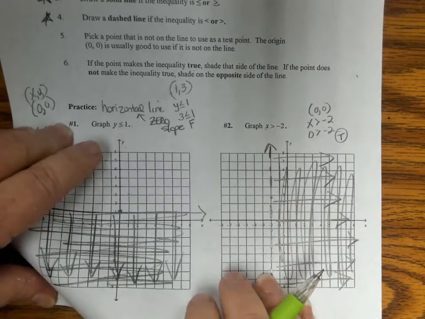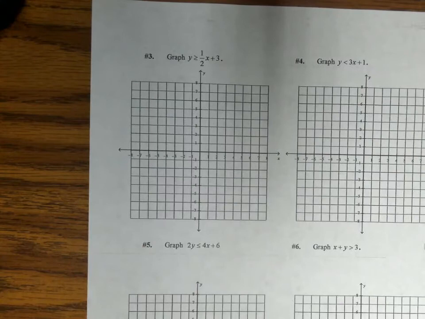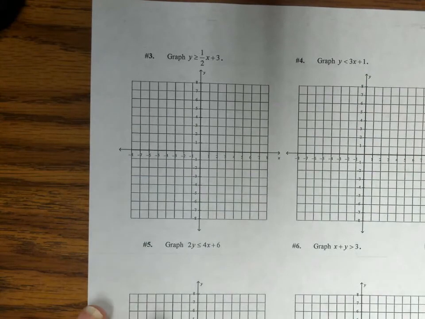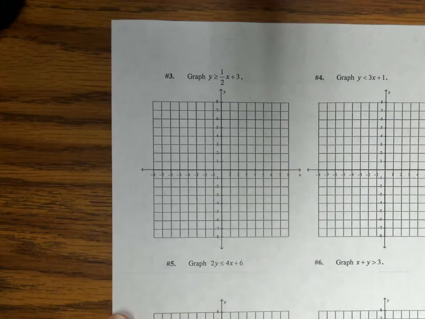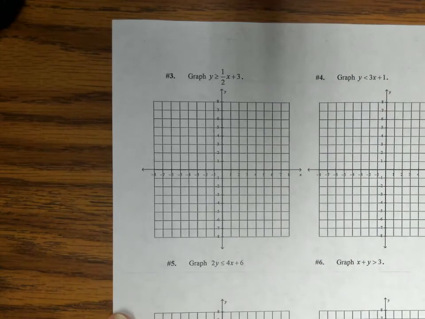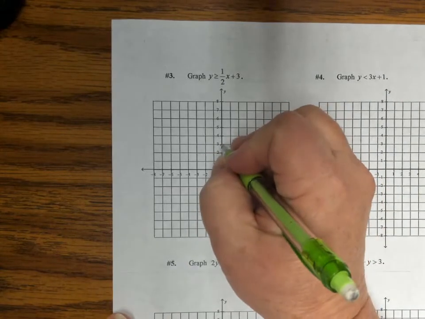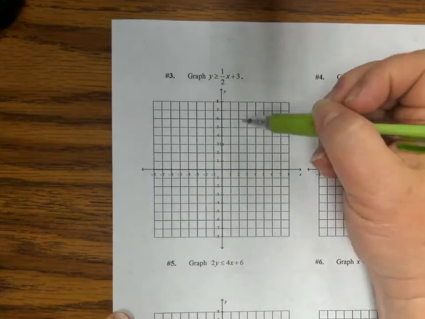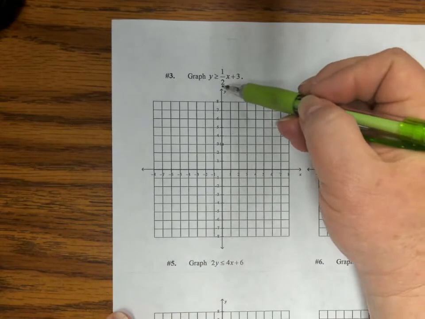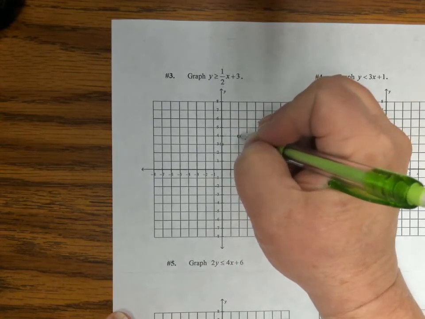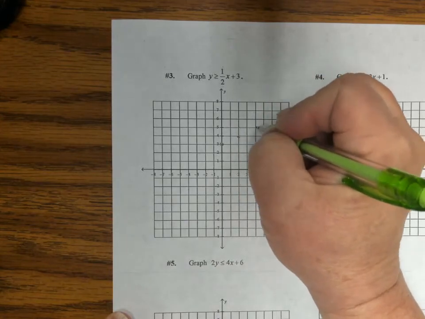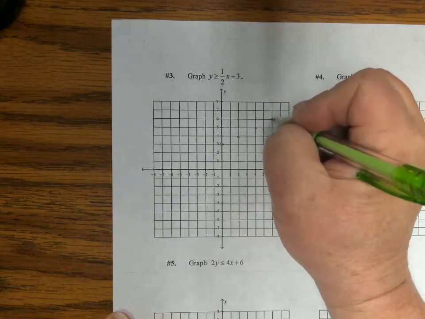Let's flip the page. All right, so now we have y is greater than or equal to 1/2 x plus 3. First I'm going to pick my y-intercept, which is positive 3. And then it says I've got a rise of 1 and a run of 2. So I'm going to go up 1 over 2, up 1 over 2.